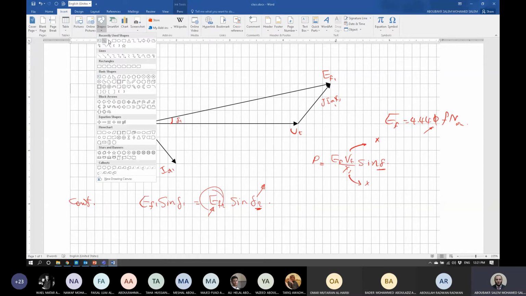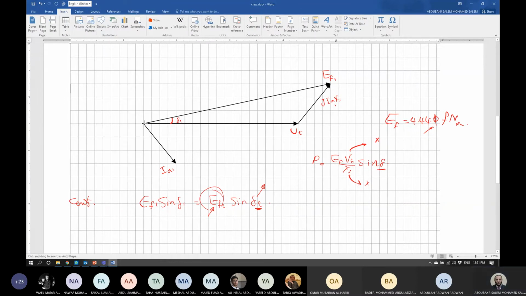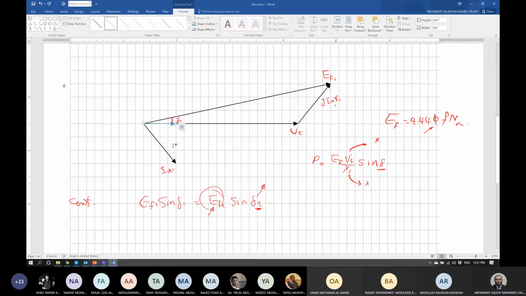The current will be increased to reach this value, and in the same way, IA XS will be increased like that, and correspondingly the EMF will be reduced because delta is now increased.